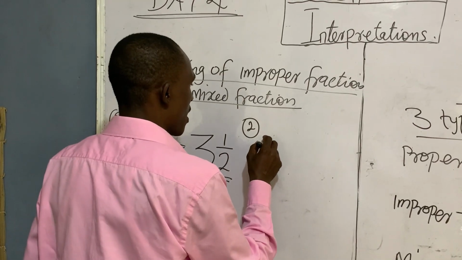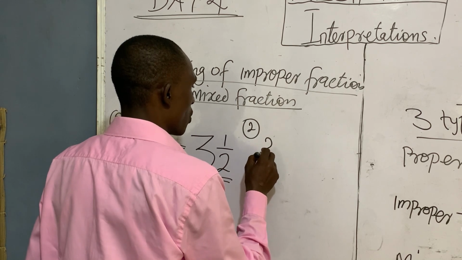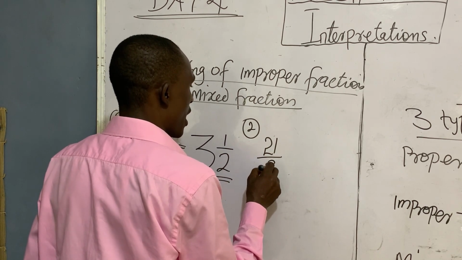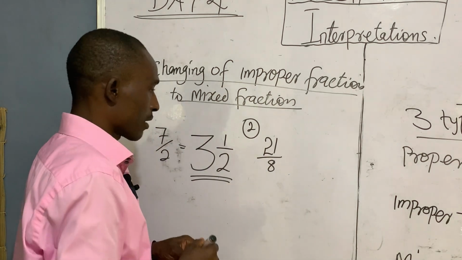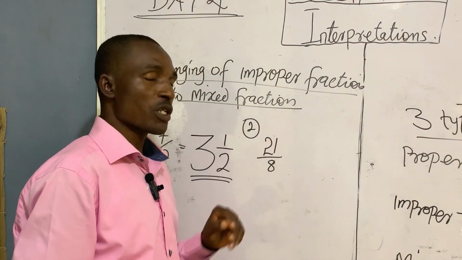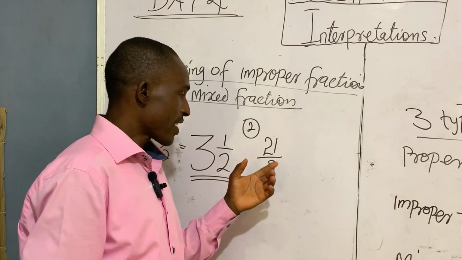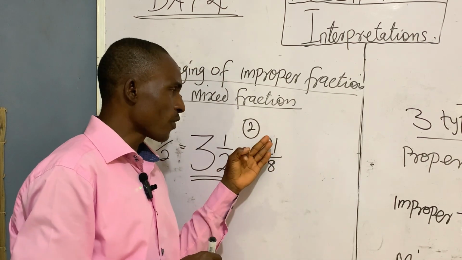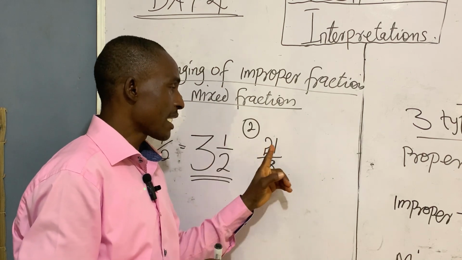is 21 over 8. How many 8s are inside 21? If I say 8, 8, 8, 3 of it is supposed to give me 24. Oh, I've already passed it.